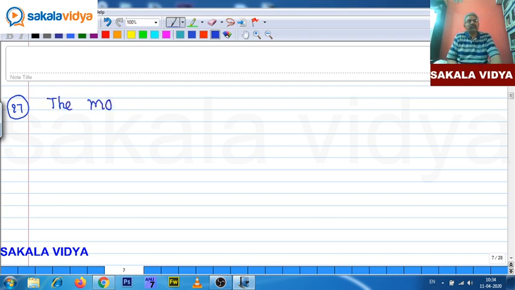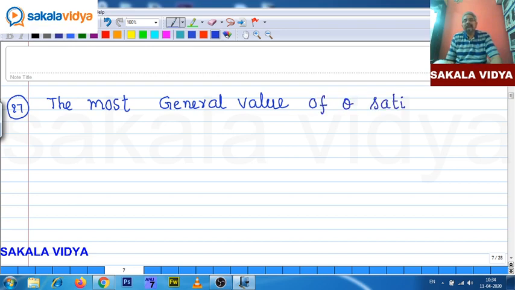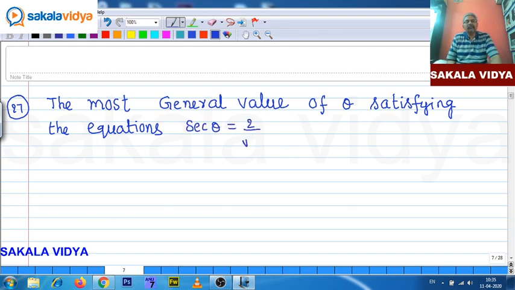The most general value of theta satisfying the equations sec theta equals 2 by root 3 and cot theta is equal to 1.